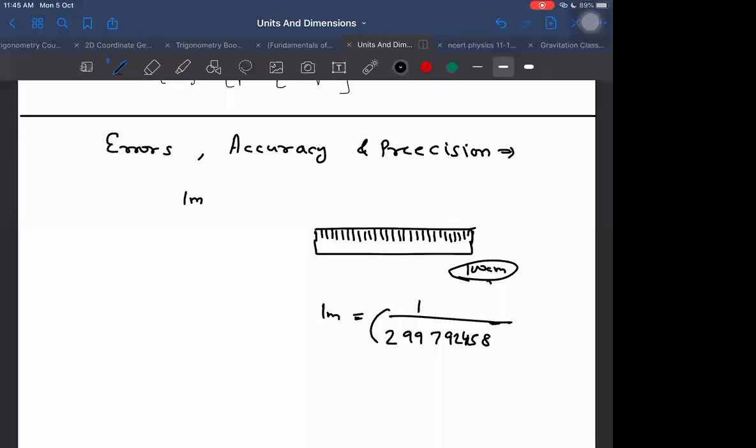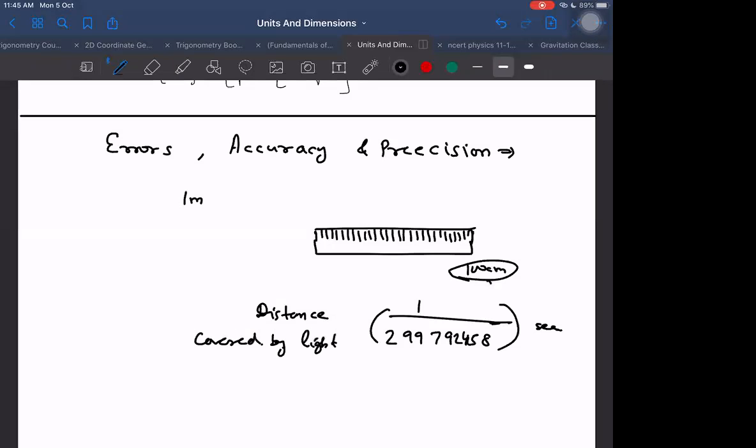The distance covered by light in this 1 upon this many seconds is equal to 1 meter. I'm not saying 1 meter equals a second. I'm just saying it is the distance covered in these many seconds, by light in vacuum. The distance covered by light in vacuum.